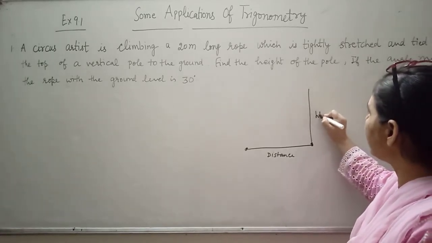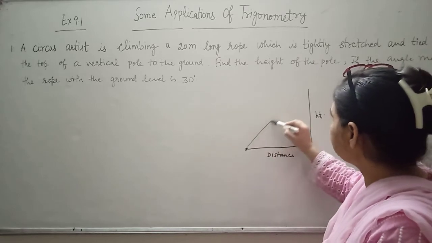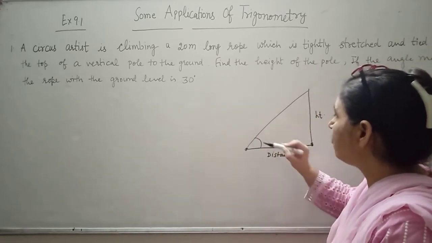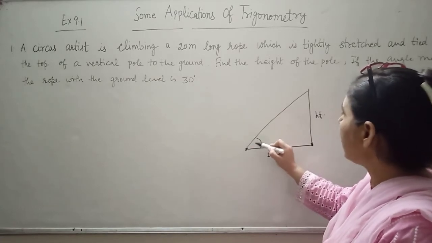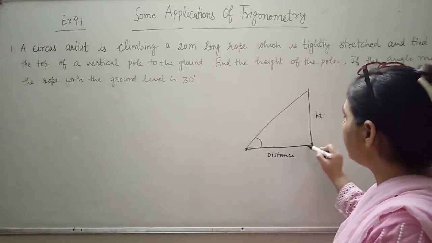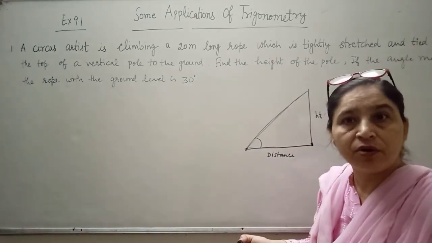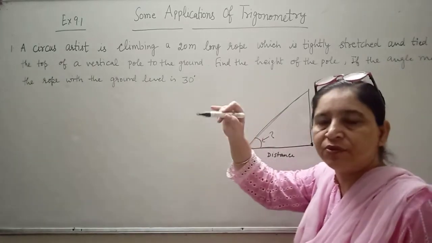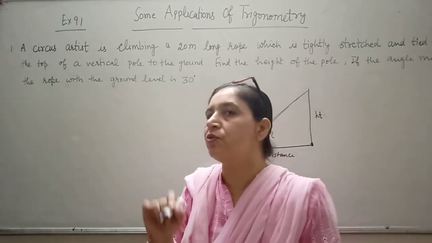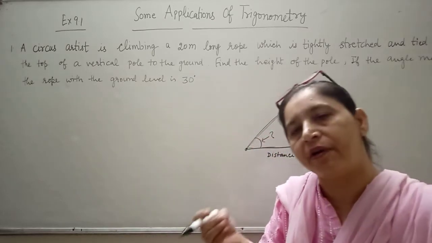Suppose we want to find the height of this tower. For that we must also know this angle of elevation, means the angle between this horizontal line and this line of sight. So how can we find this angle of elevation? In the questions in your book, angles of elevation or depression have already been given.